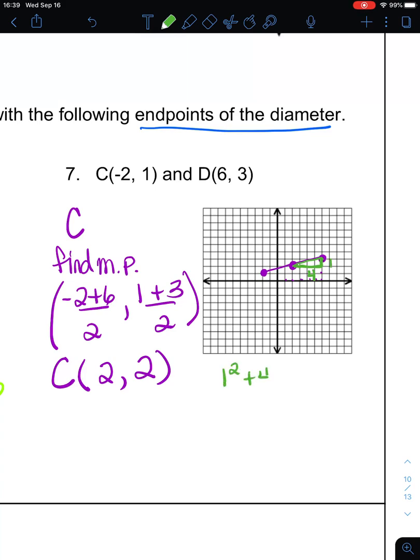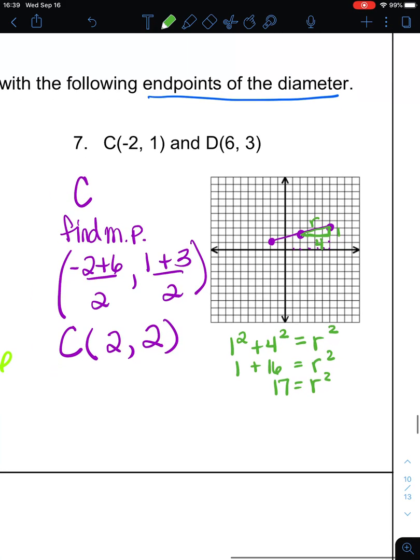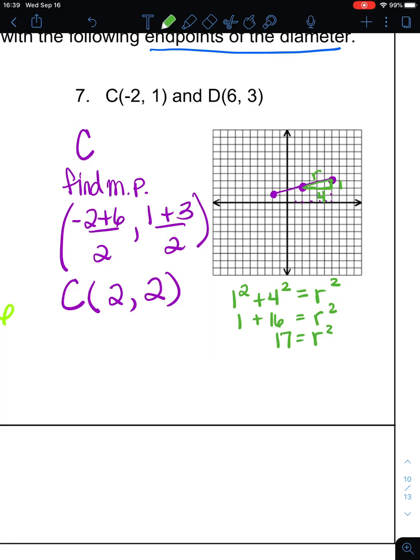So I can do 1 squared plus 4 squared is equal to r squared. So I have 1 plus 16 is equal to r squared. So 17 is r squared. Now, I don't need to solve for r, because in the equation, I need r squared anyway.